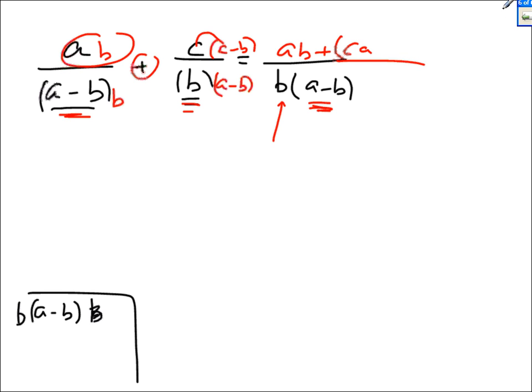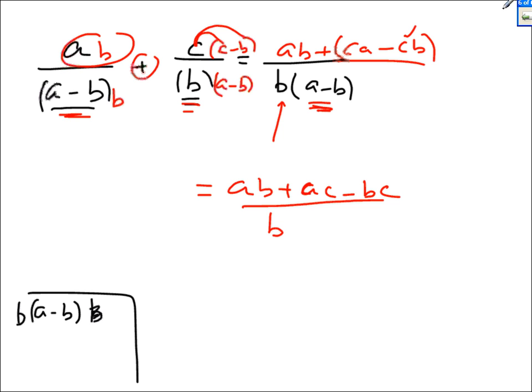If you want to write ac, go for it, minus cb. So you have ab plus, I'll write ac, minus, and I'll write bc, all over b times a minus b.